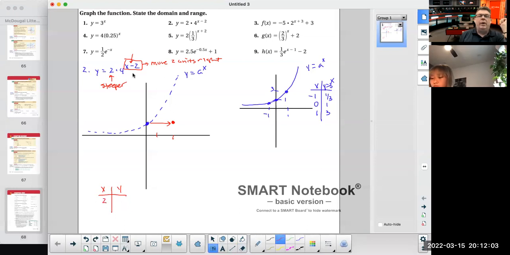If x is 2, then it's 4 to the 0 power. You see what I'm saying? 2 minus 2 is 0, so 4 to the 0 is 1, and 2 times 1 is 2. So because of the 2, which I'll put in green, that moves a point up another one. Okay.